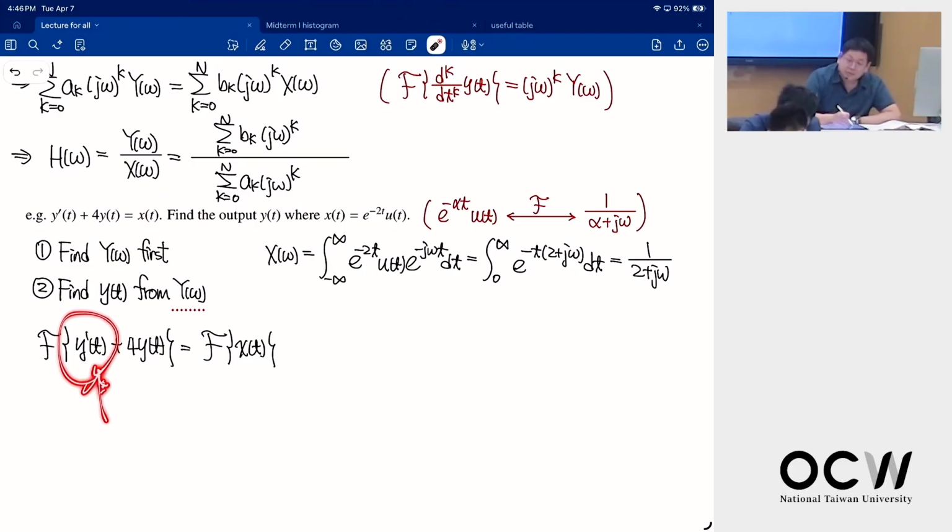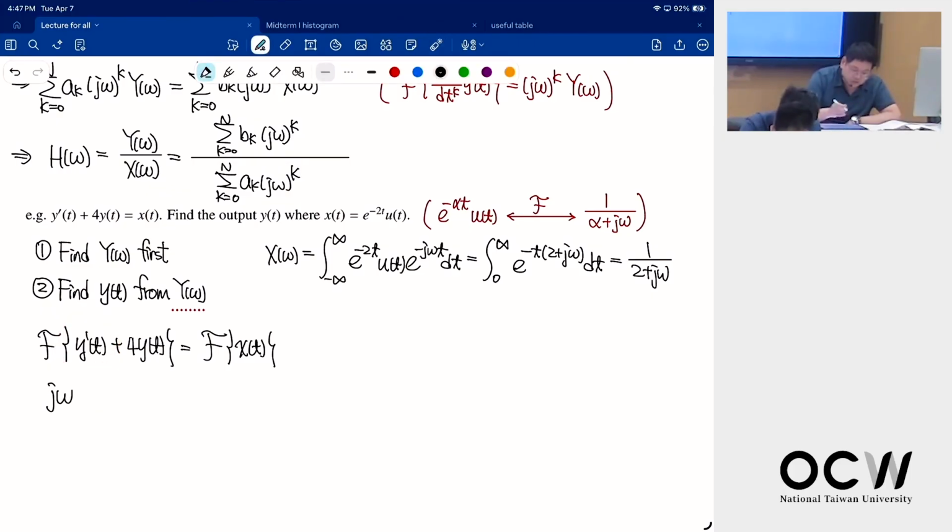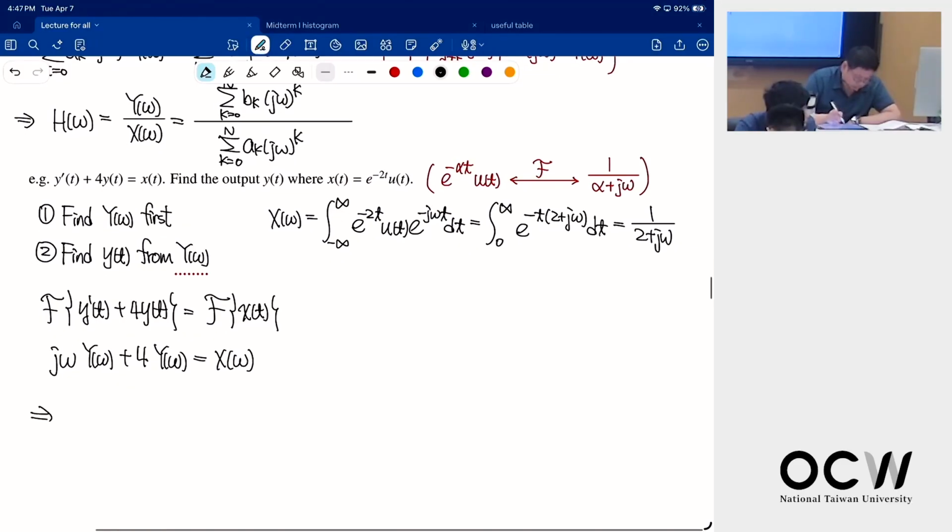Every time you will generate j omega. So you will get Y of omega equals X of omega divided by j omega plus 4.